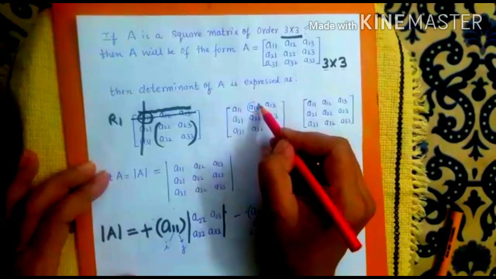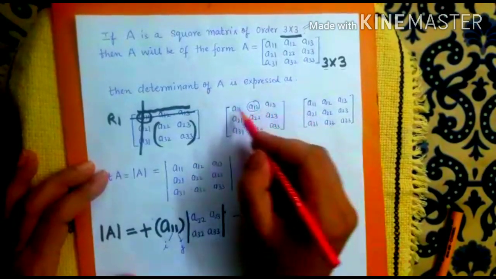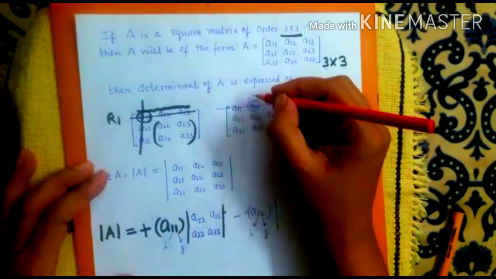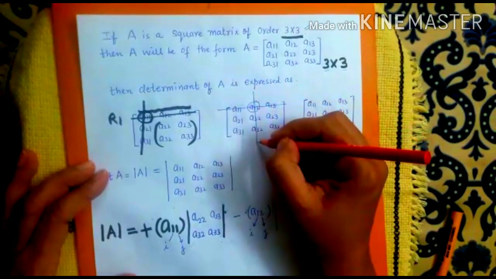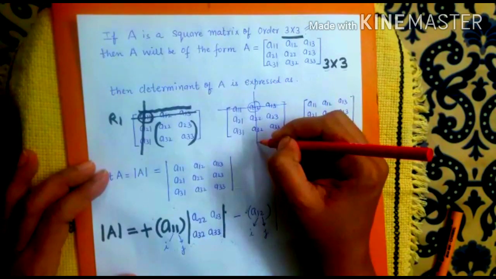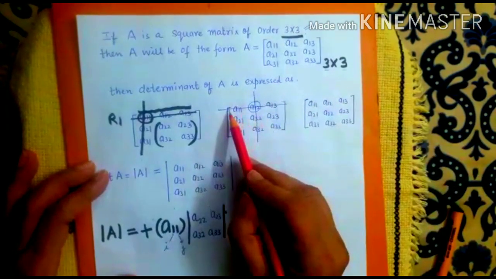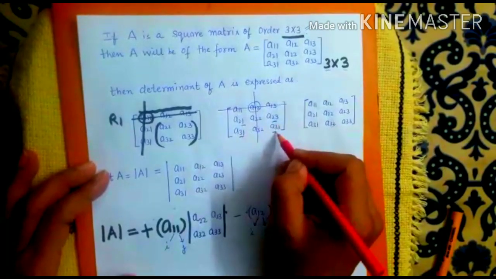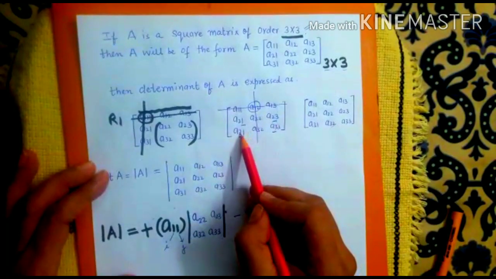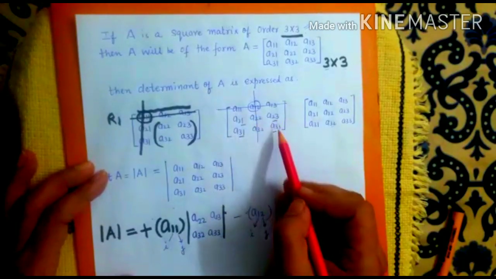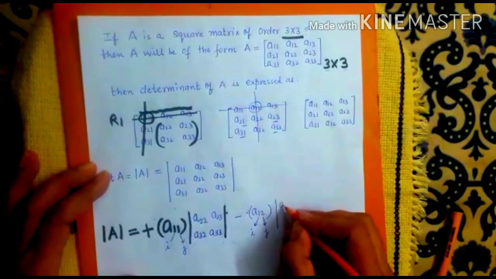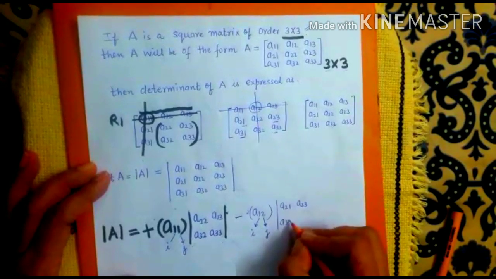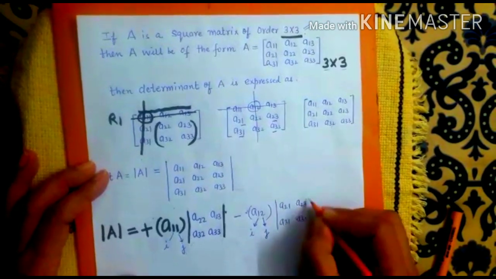A12 lies in the first row, so I delete the first row, and A12 lies in the second column, so I delete the second column. After making the deletions, I am left with these elements. So I have to compute the determinant of this submatrix, that will be A21, A23, A31, A33.